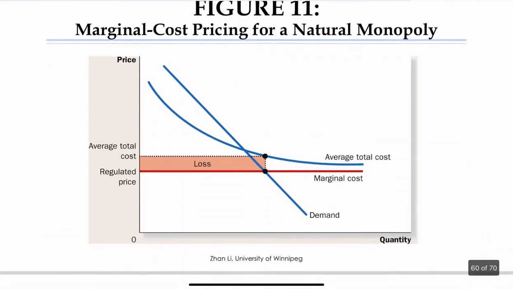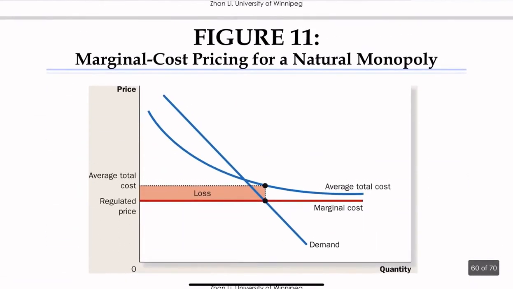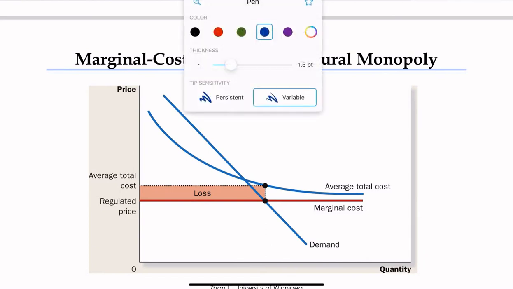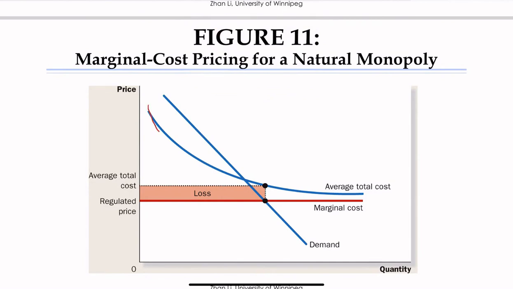However, you can see that this is very hard and most likely unrealistic. The reason is that this is a natural monopoly. And we understand that a natural monopoly has a decreasing average total cost curve, right? You can see that here, the average total cost curve is always decreasing.